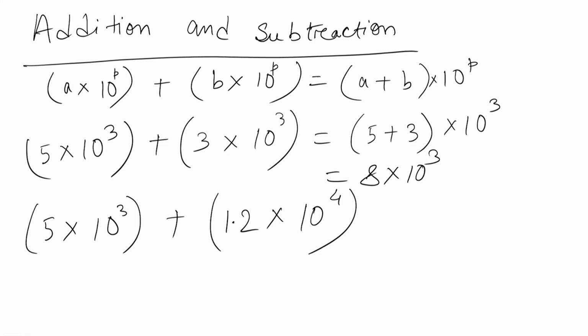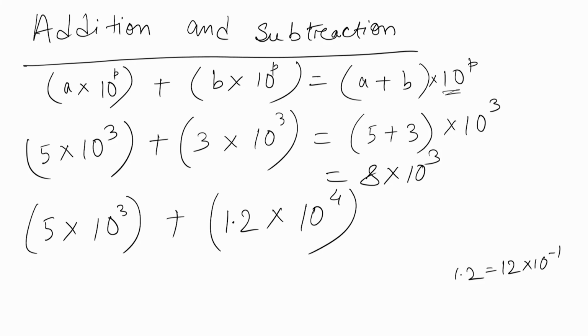Then we have to equalize these powers first, otherwise we will not be able to take this term as common. So 1.2 into 10 to the power 4. 1.2 can be written as 12 into 10 to the power minus 1, right.